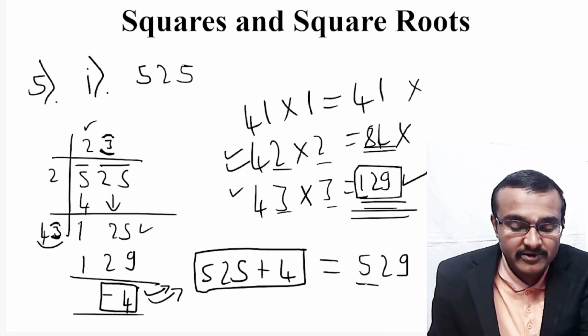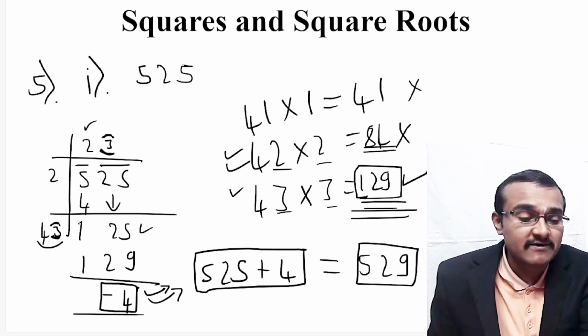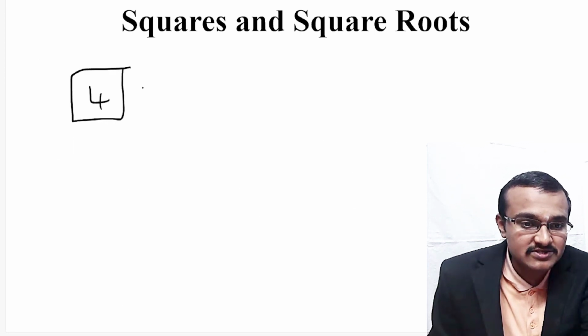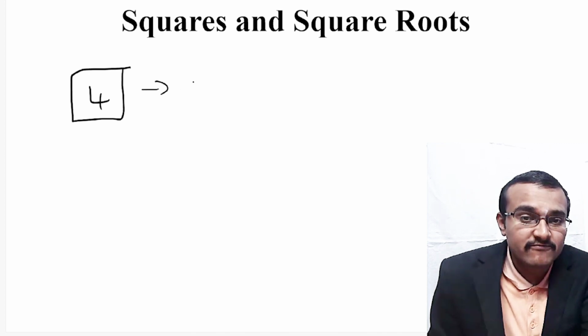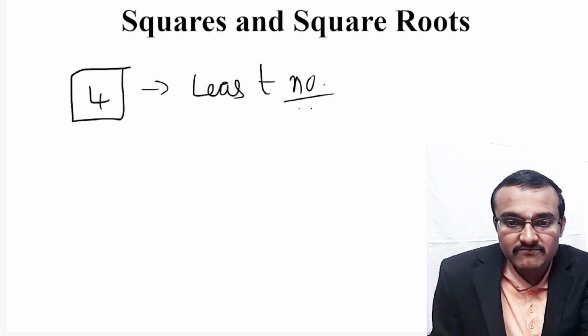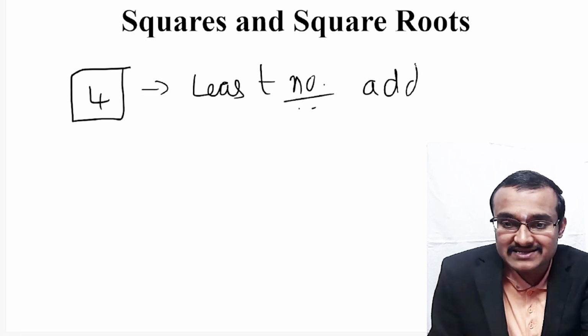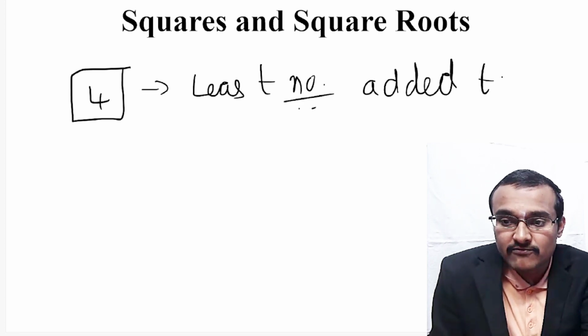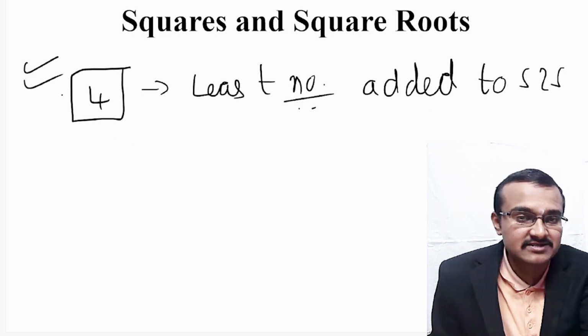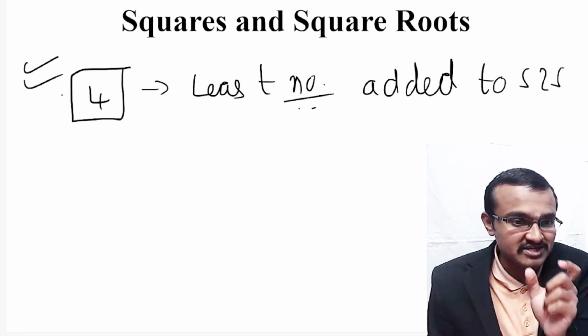So now the perfect square which you have got is 529. The number which you are adding to 525 is 4. That means the least number added to 525 is 4. So the answer for the first part of this question is 4.